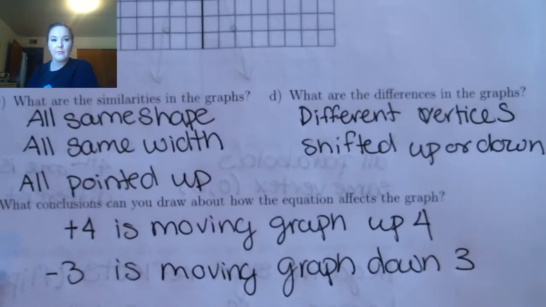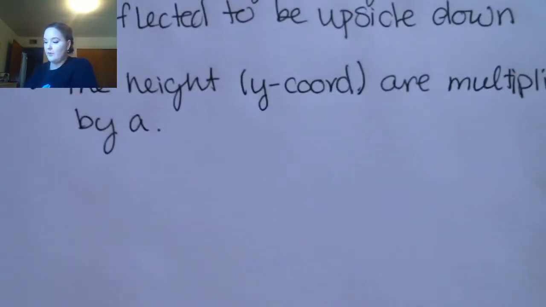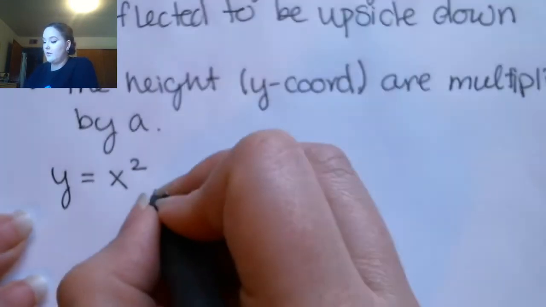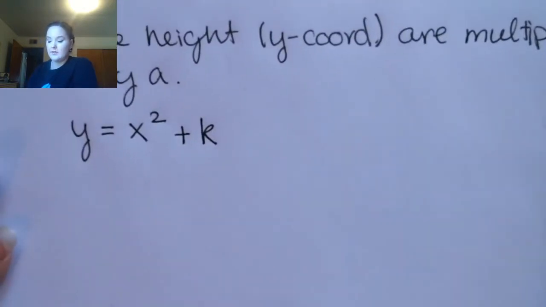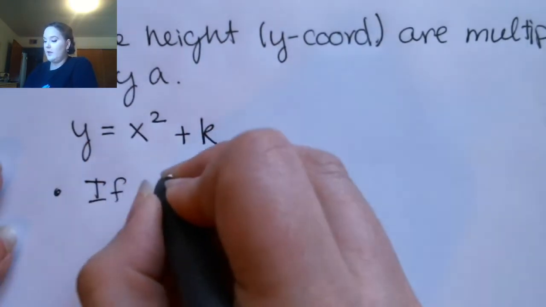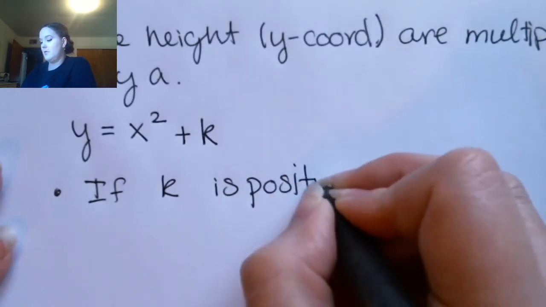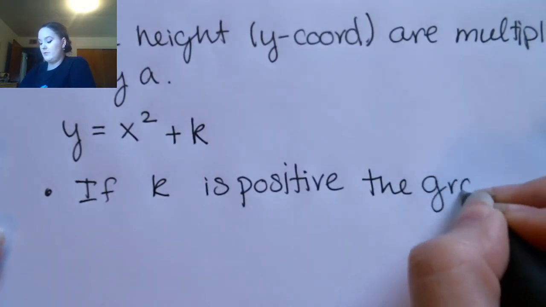All right, so let's be a little bit more precise and add this to our list of transformations. If we're talking about y equals x squared plus k, we would say that if k is positive, the graph moves up k.